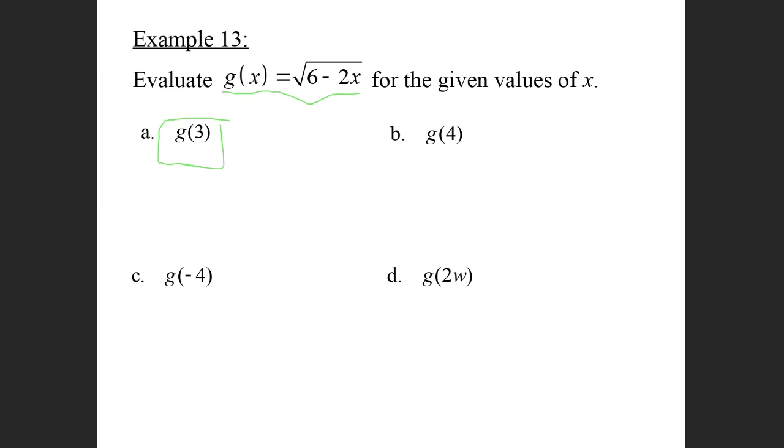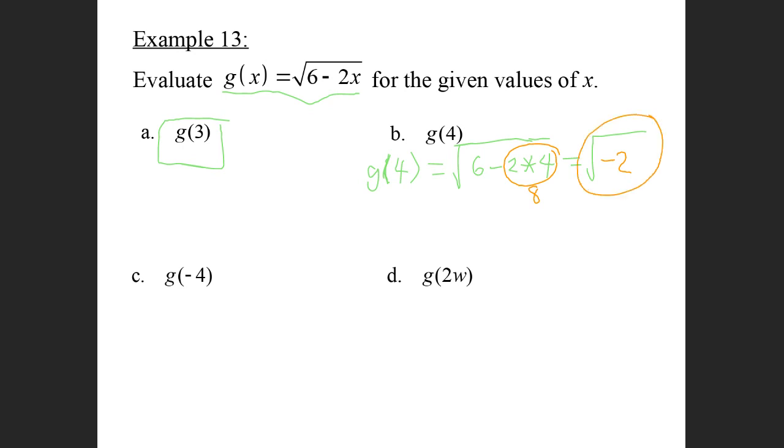Why so? I mean, g of 4, just replace each x with 4. Radical of 6 minus 2 times 4. You have to start with the product, right? 2 times 4 is 8. 6 minus 8 is minus 2.